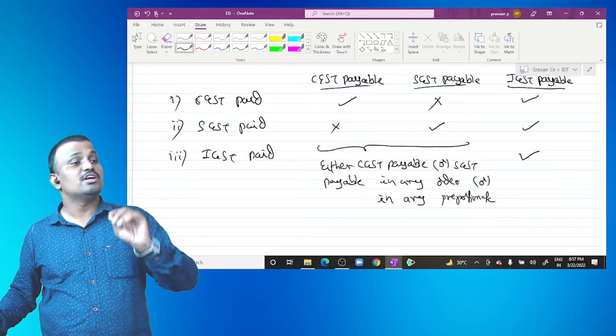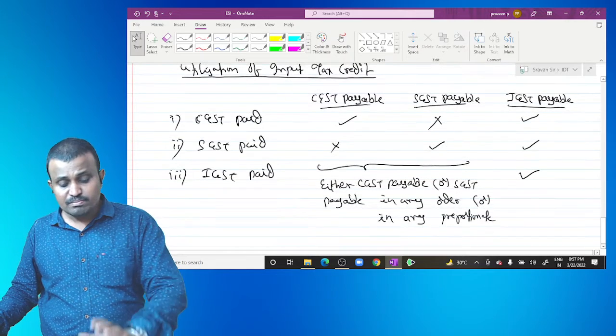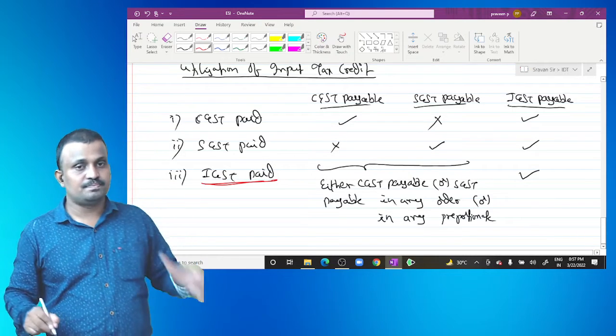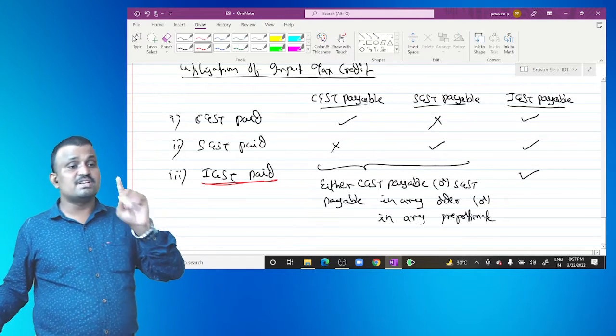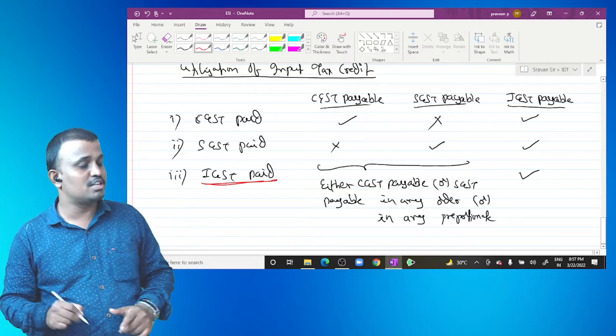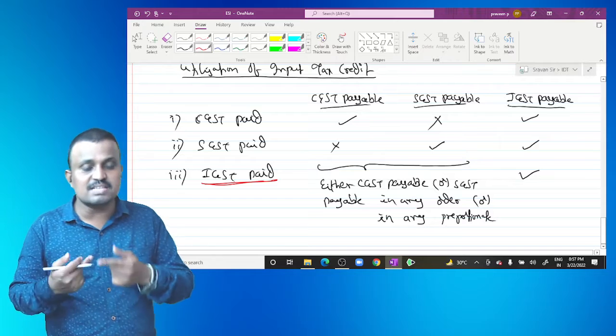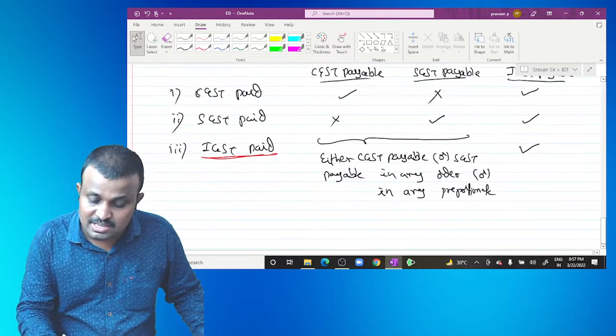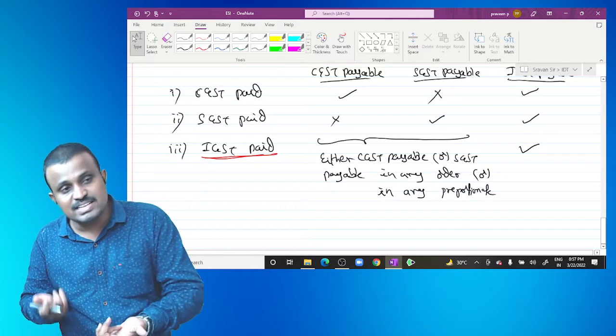So this is the utilization of ITC. If you observe the last one, IGST paid is first adjusted against IGST payable. If any surplus is available, it is adjusted against CGST payable or SGST payable.